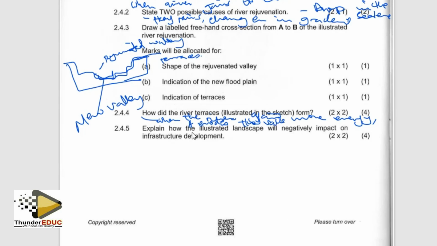In the new valley, it erodes the old valley, forming a new valley, leaving the terraces behind, leaving the river terraces.